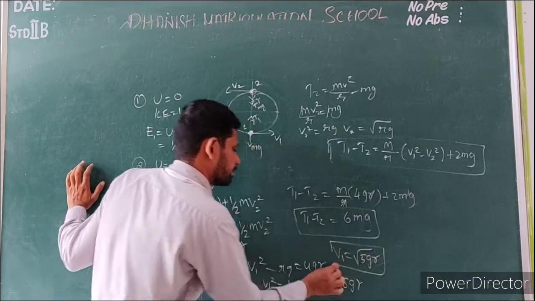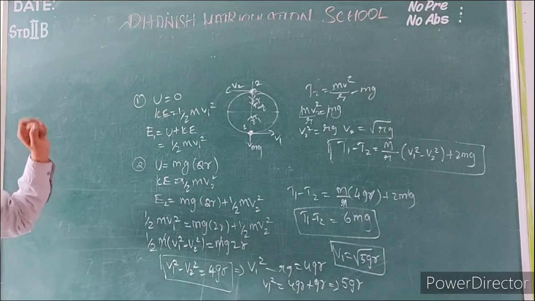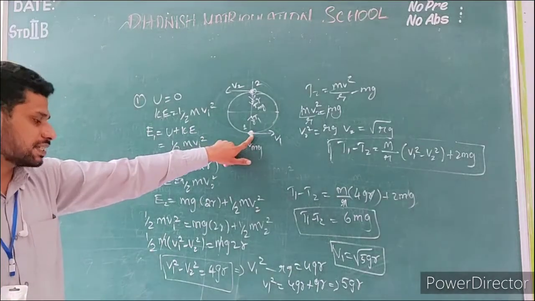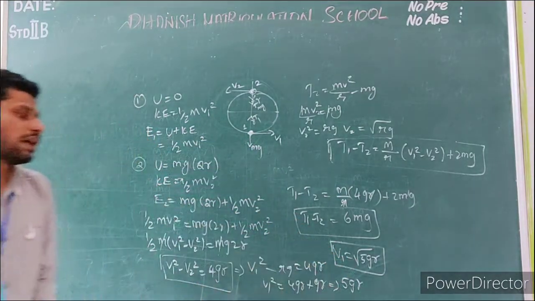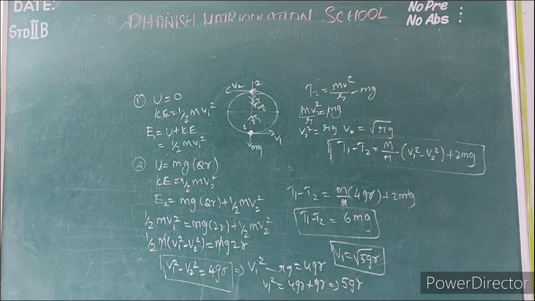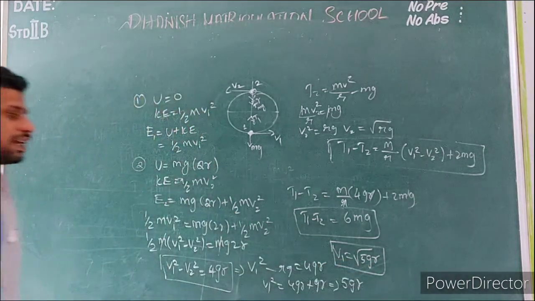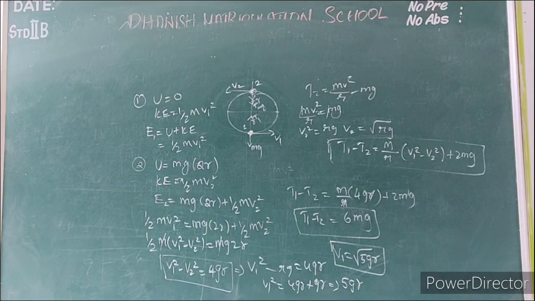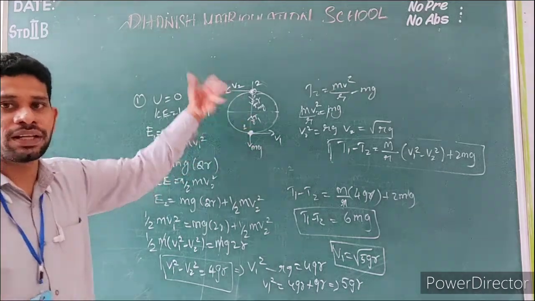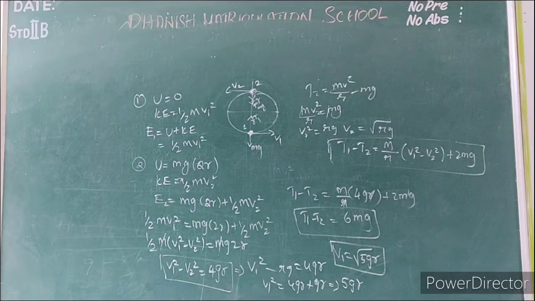The minimum speed needed at this point is root 5gr. The body must have speed v1 equal to root 5gr or greater than root 5gr to stay in the circular path. Otherwise it cannot stay in that circular path, it will collapse. So this is a very important question.